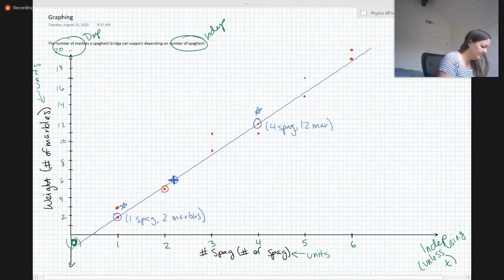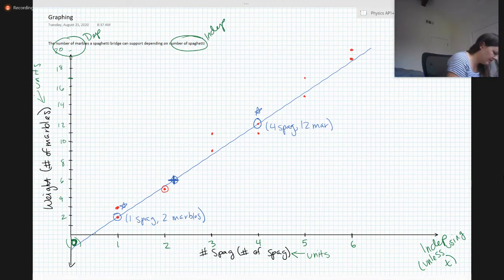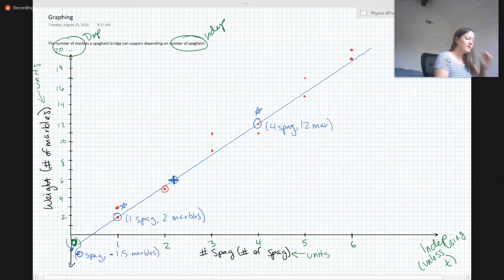There. And we want to pull off our y-intercept before we go to make our equation. So down here, I see that it's going to be 0 spaghetti, comma, negative 1.5 marbles. And the reason it's important is I know in math class they taught you can use the 2-point method and find your intercept.